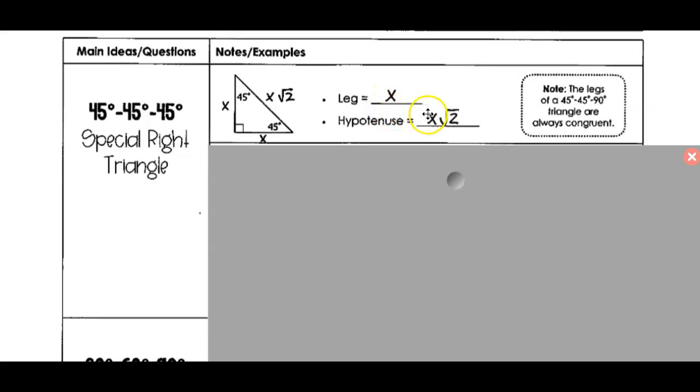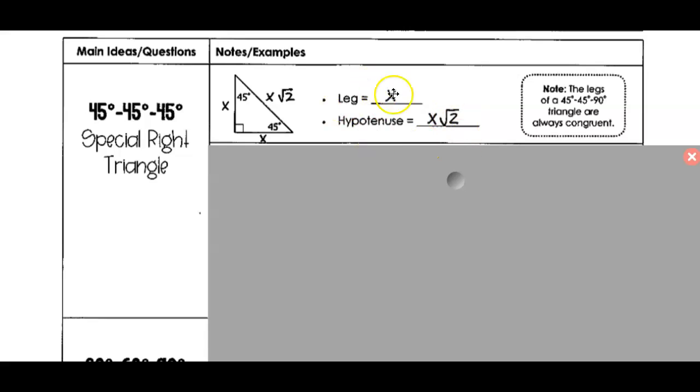Now, in order to get the hypotenuse, it's going to come out to x root 2, and that will always be the case, because if I write down the Pythagorean theorem here, I would have x squared plus x squared equals c squared. And so that's 2x squared equals c squared. And so when I do the square root, I get root 2 and I get x.